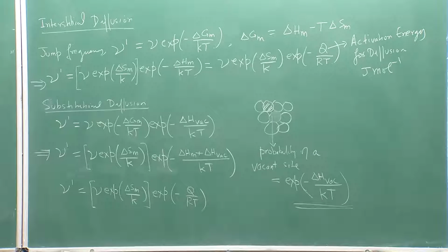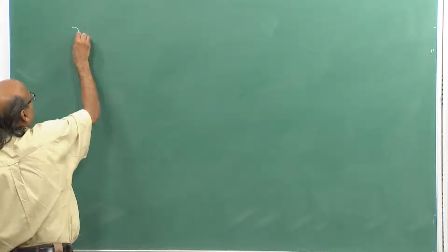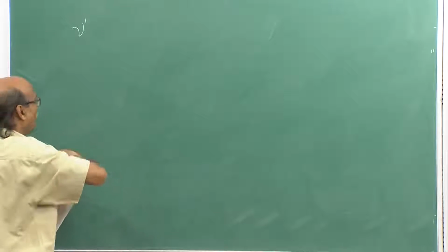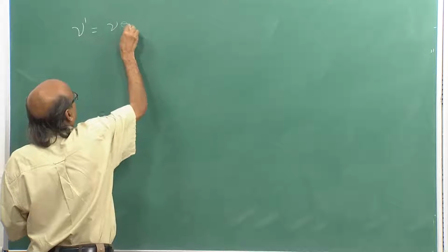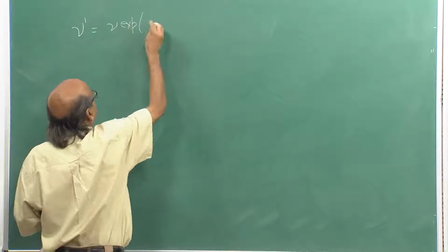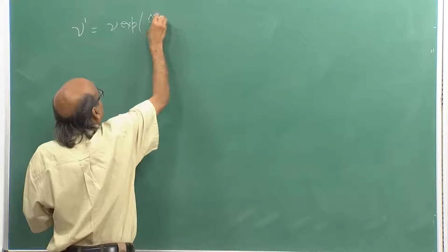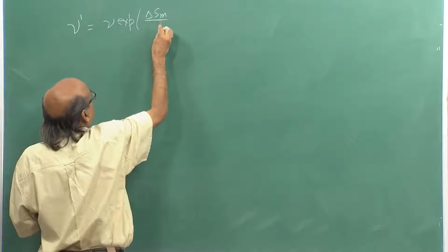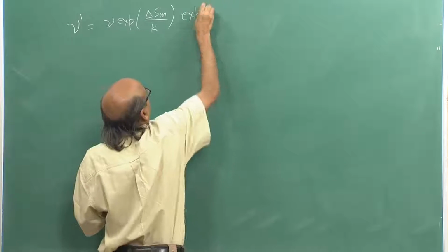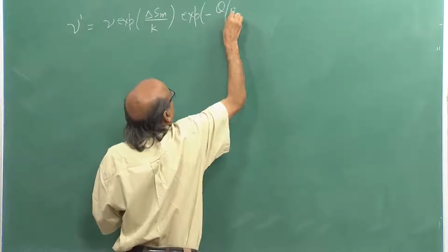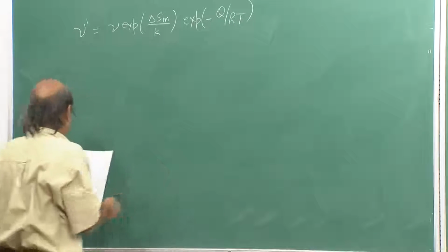So going from here, the jump frequency, whether it is interstitial or substitutional diffusion, I can simply rewrite as nu exponential delta Sm by k, exponential minus Q by RT.